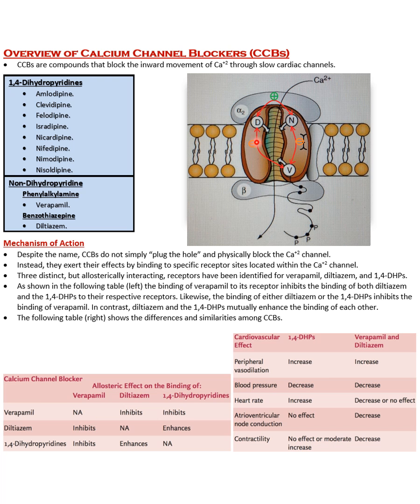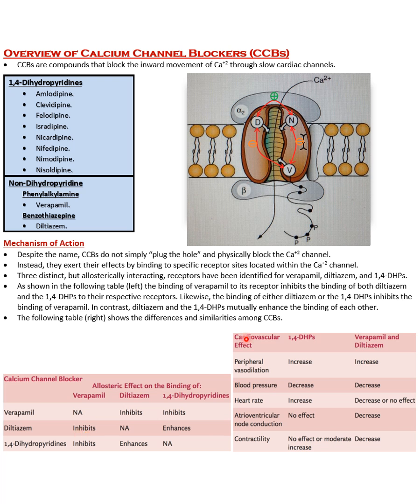But if you combine diltiazem with verapamil, then they inhibit the effect of each other, and the same with verapamil combined with 1,4-dihydropyridines, which is illustrated here in the table.